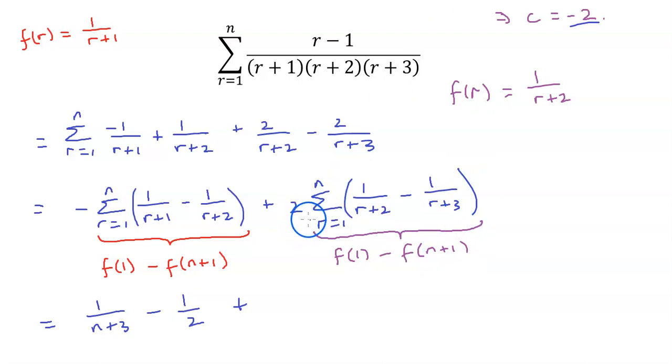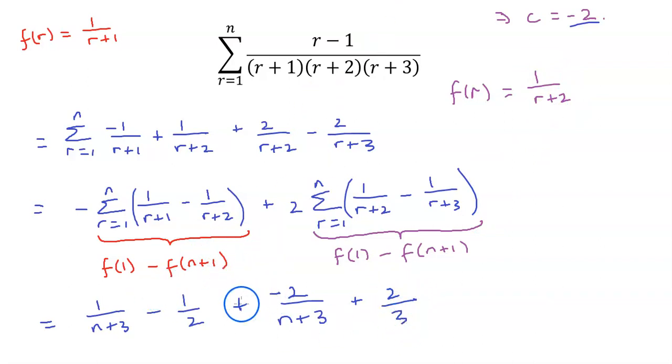And then multiplying it by 2, it's going to be 2 times 1 divided by (n plus 3), so 2 over (n plus 3), and then, wait, what am I doing? Because I did f of (n plus 1) first over here, I got caught in the trap. But it's okay, because we can just make it a negative. So minus f of (n plus 1) plus 2 times f of 1, so 2 divided by (1 plus 2), so 2 divided by 3.